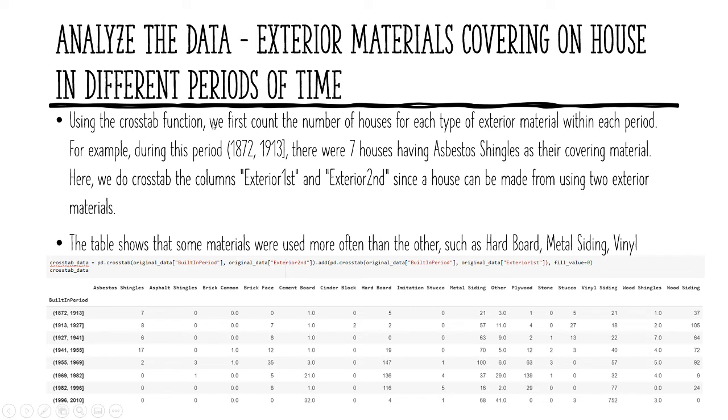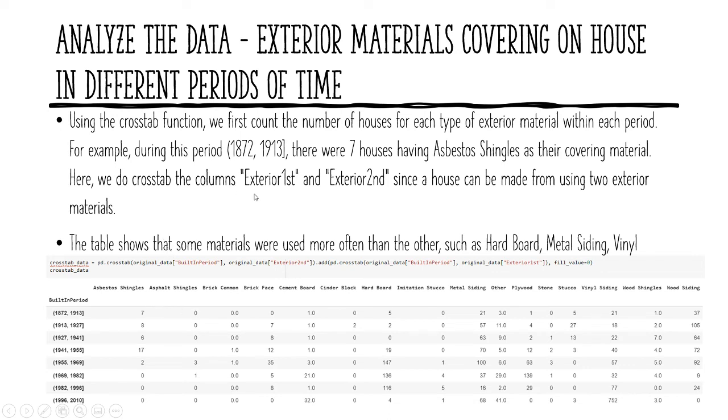So we use the cross-tab function. We first count the number of houses for each type of exterior material within each period. For example, in the period from 1872 to 1913, there were 7 houses having asbestos shingles as the covering material.